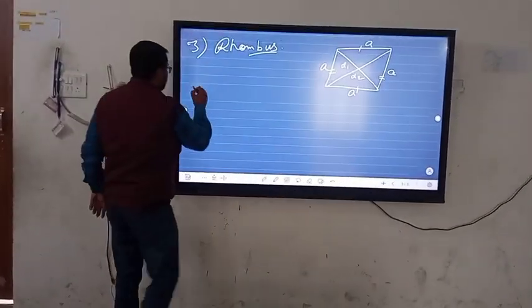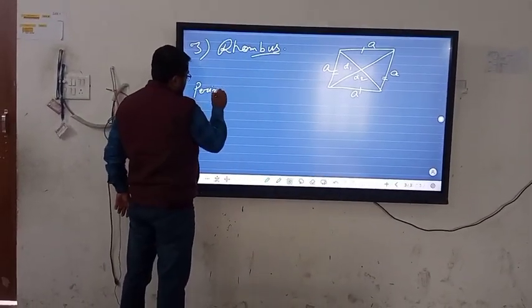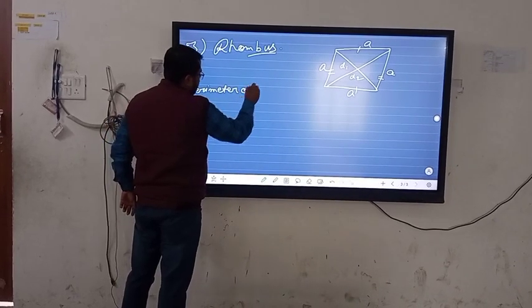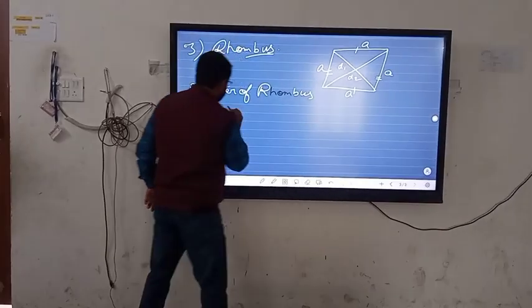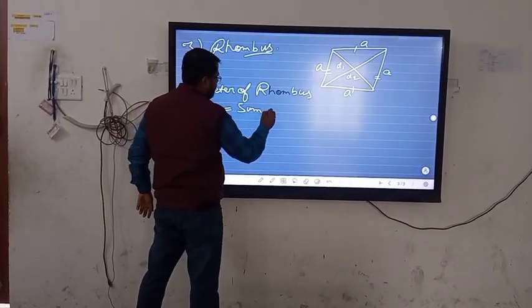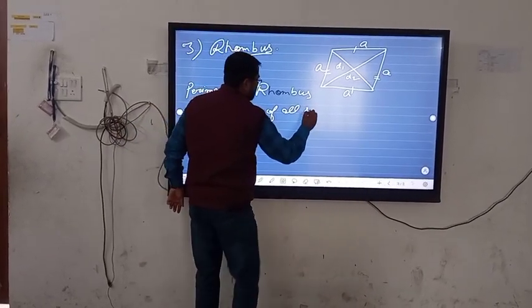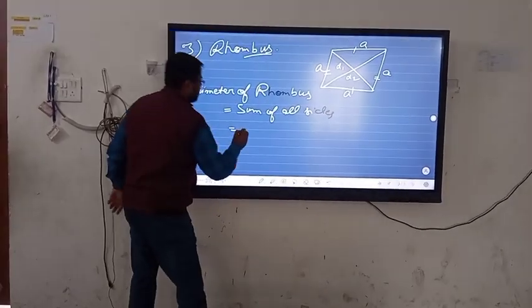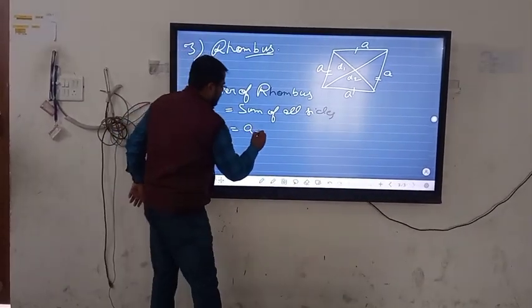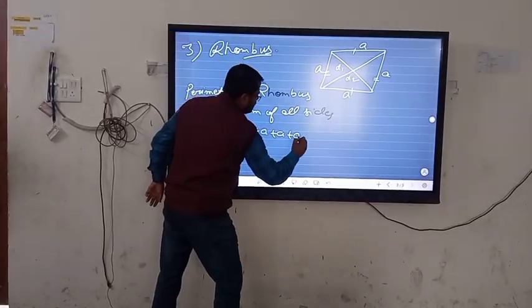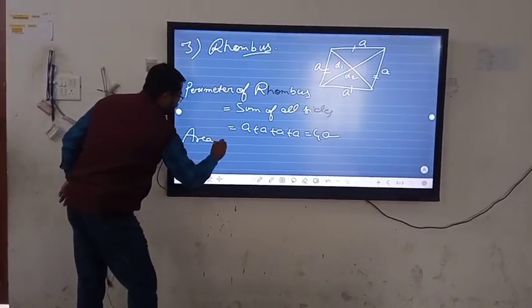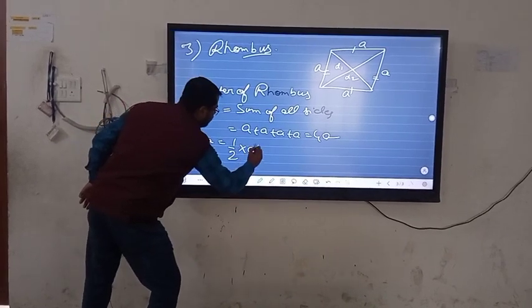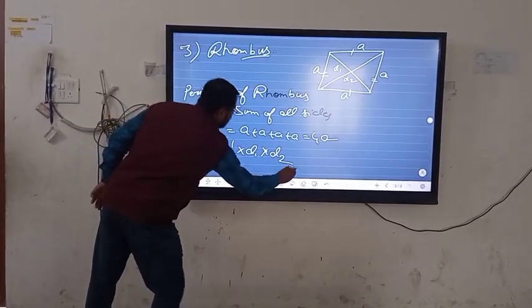Okay, so perimeter of rhombus is equal to sum of all sides is equal to A plus A plus A plus A, is equals to 4A, and area equals to 1 upon 2 into D1 into D2.